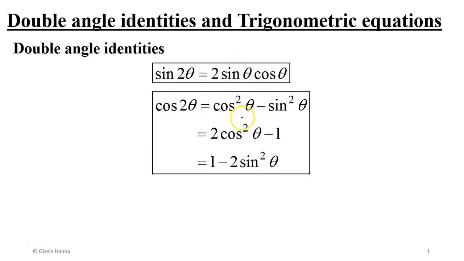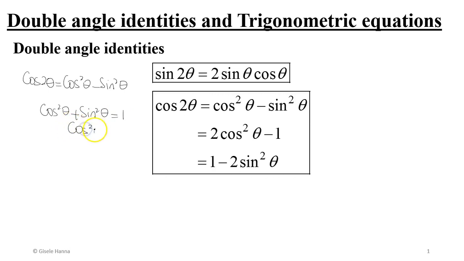Now, over here, let's justify the last two using the original definition of cosine 2 theta, which is cosine squared theta minus sine squared theta. Well, we know that cosine squared plus sine squared is equal to 1 for all theta.